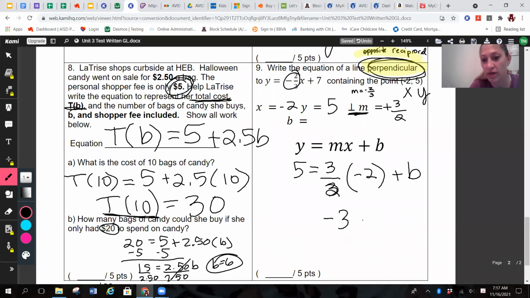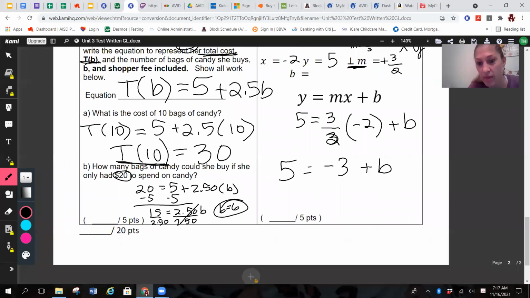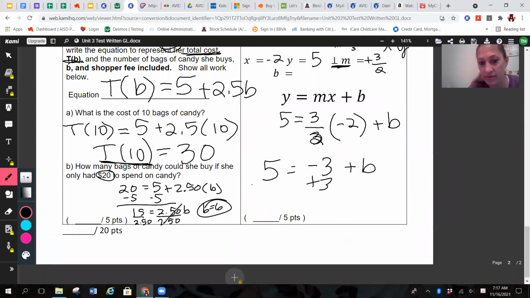So -3 plus B equals 5. Almost done. Now we're going to add 3 to both sides. Now you can see that your B is equal to 8.